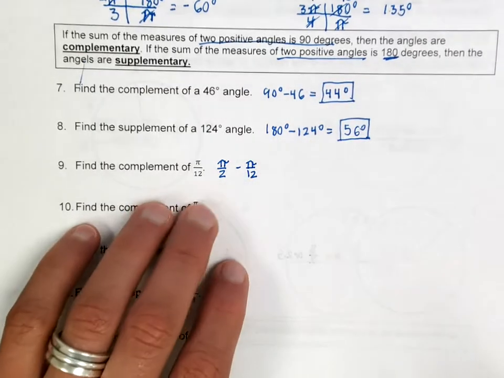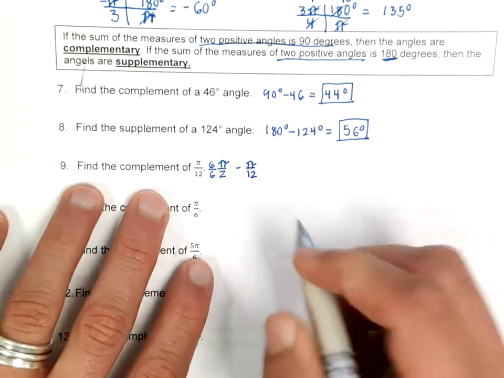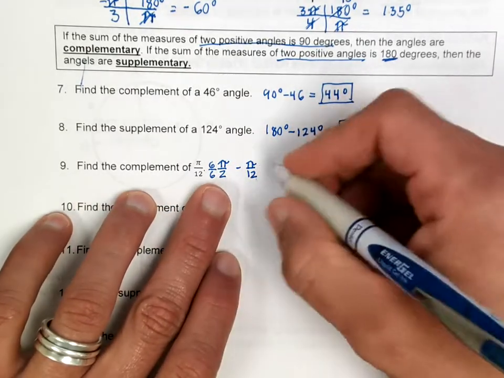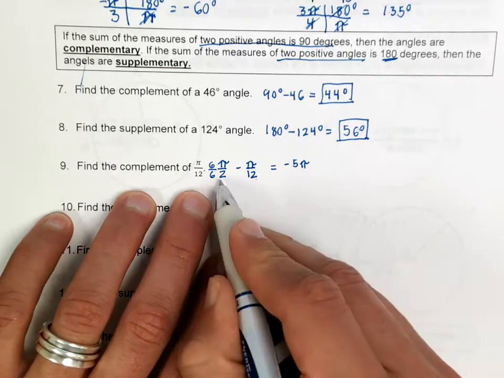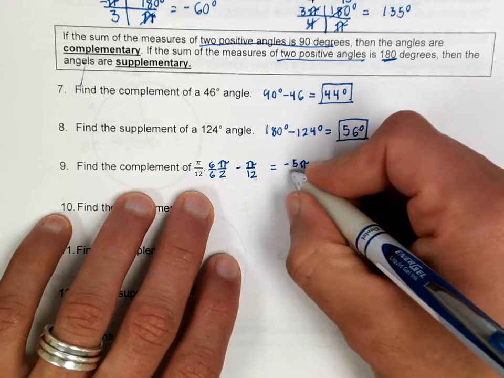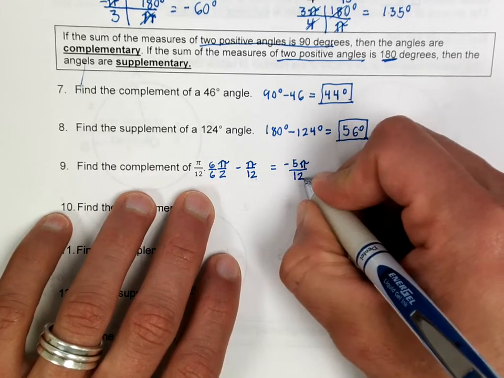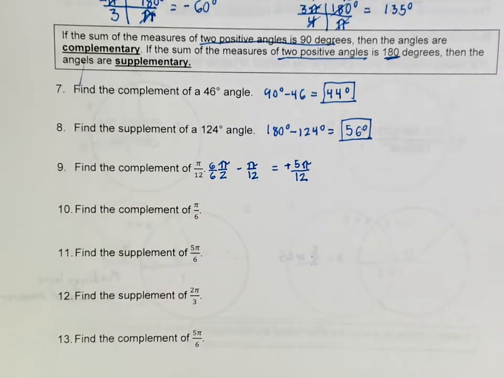Now I need a common denominator, so I'm going to multiply top and bottom by 6. So that's 6 pi minus pi, that will give me 5 pi. And notice that on the bottom I would have 12. 6 times 2 is 12, and I have 12, which is what allowed me to subtract them in the first place. Excuse me, this is a positive 5 over 12. 5 pi over 12.